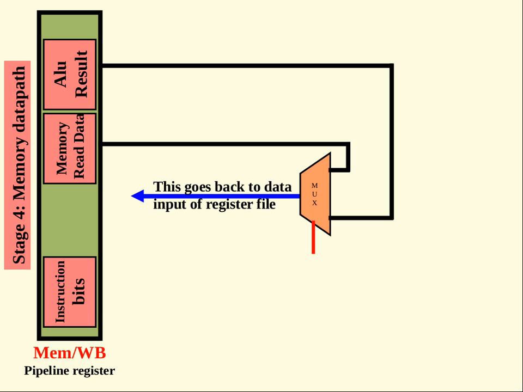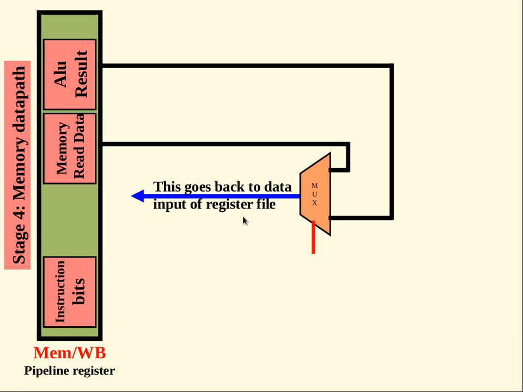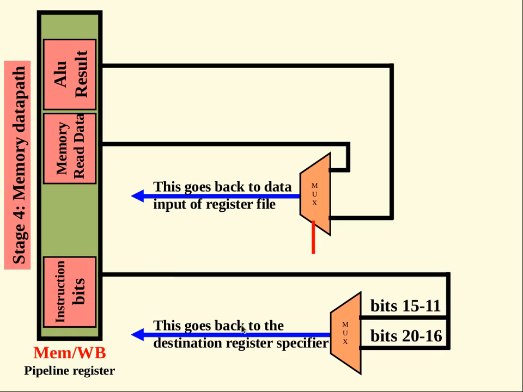To select between memory read data and the ALU results. Wouldn't technically the first thing be to take the instruction bits and find out what you're actually doing? Sure. With the control line, your instruction bits would select which of these two inputs is going back to the register file, the ALU result or the read data, aka is it a load or not a load.